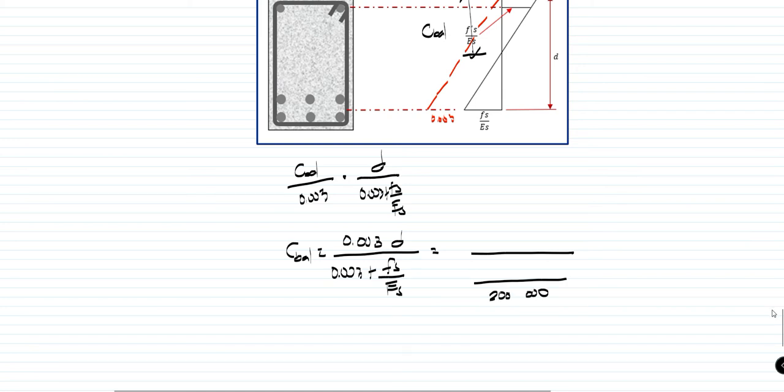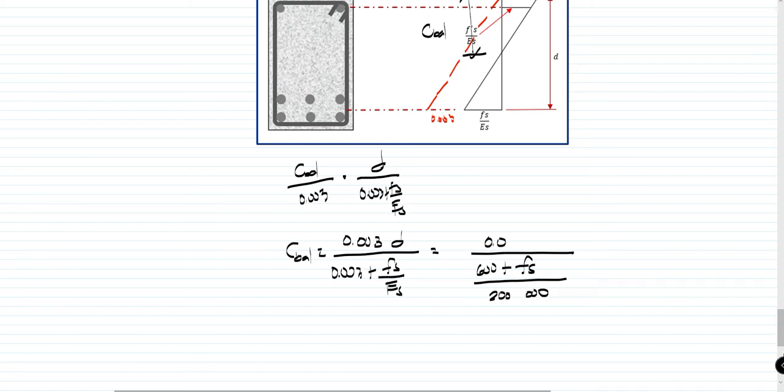That is the least common denominator. So, 200,000 divided by 1 times 0.003 is 600, plus 200,000 divided by 200,000 is 1 times Fs, which is Fs. That is now our denominator.